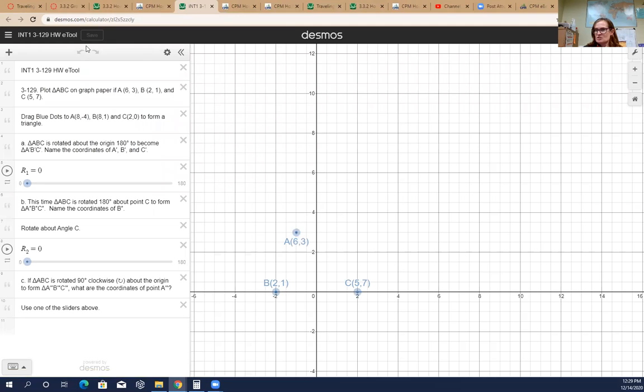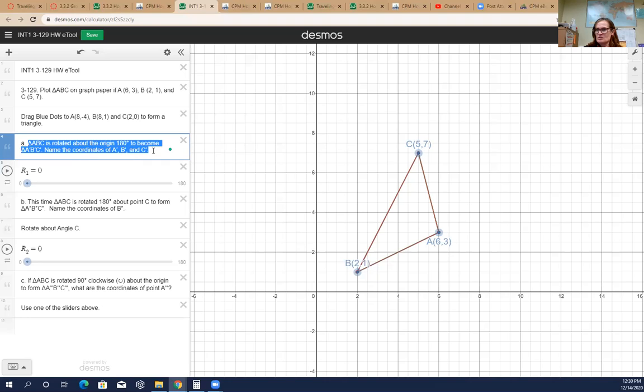Okay, so if we have our e-tool, and I put each of my points where they go, then it says triangle ABC is rotated around the origin 180 degrees to become triangle A prime, B prime, C prime.